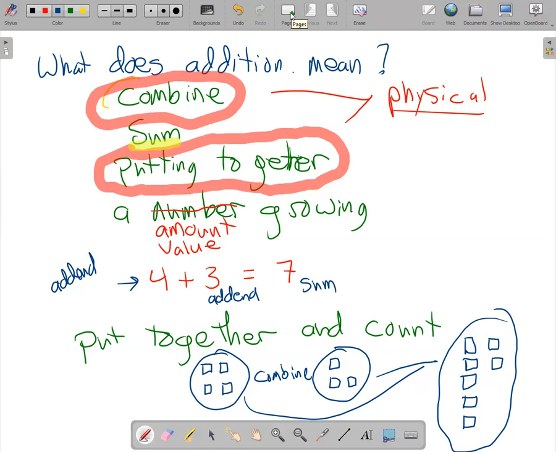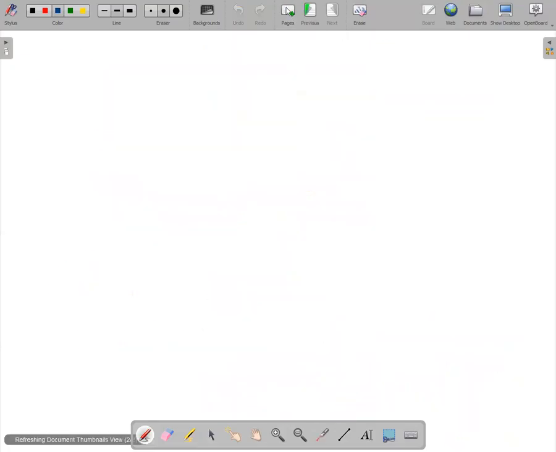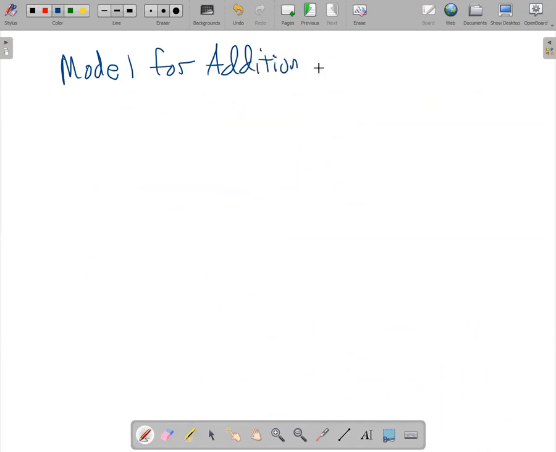So then the problem is once we get the basic definition, and by the way, the basic physical definition here is called a model. So we have a model for the addition of whole numbers. This model is called the set model.